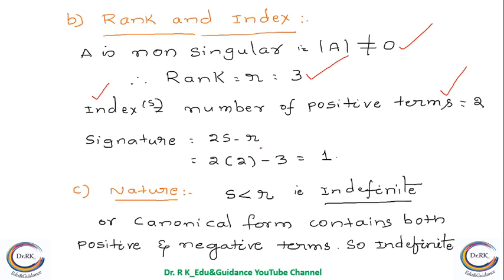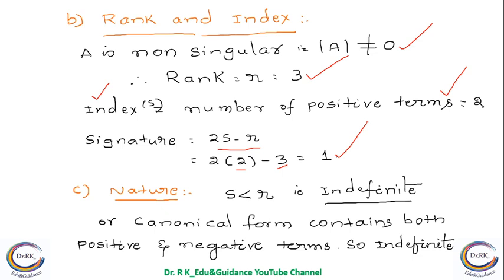Then if you want the signature, actually it is not asked. Otherwise, if you want, we can find the signature, which is 2s minus r, where s is the index, that is the number of positive terms, 2. Rank of the matrix is 3. Therefore, 2 into 2 is 4, 4 minus 3 is 1. So we have the rank.